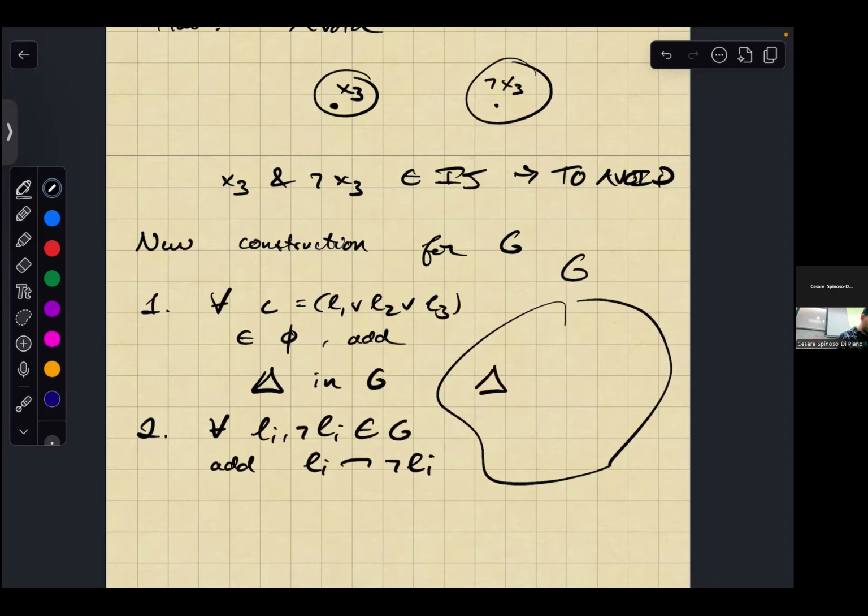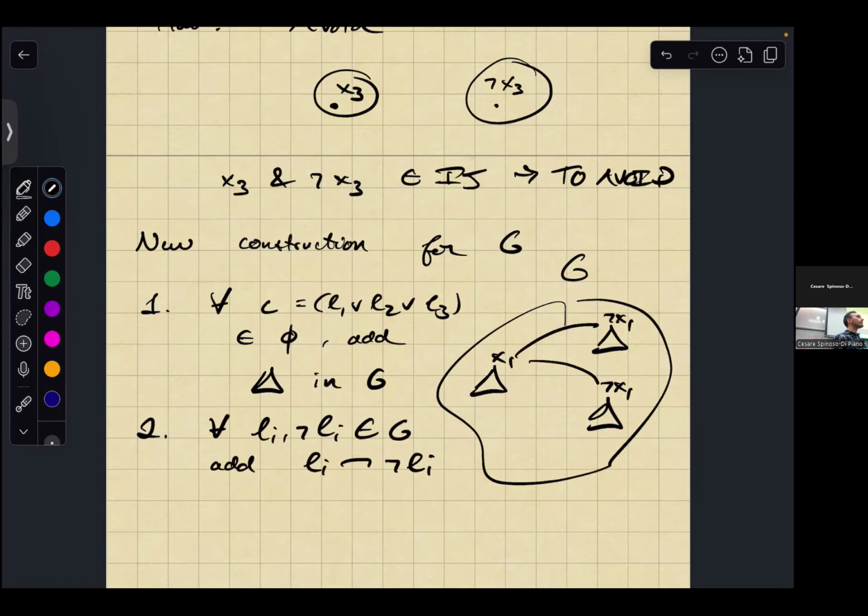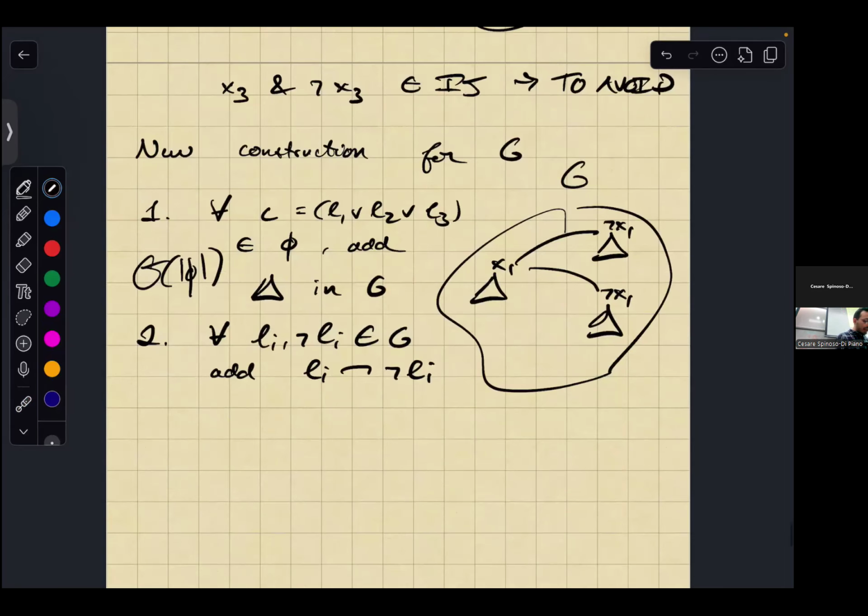So for instance, if I have like x1, not x1, and not x1 here, then this is the first part of the construction. The second part of the construction is I'm going to connect these guys, right? So then, this is linear in the size of phi. And then this part, like a double for loop maybe, right? So for every triangle I have, I check whether I have negations in any of the other triangles.